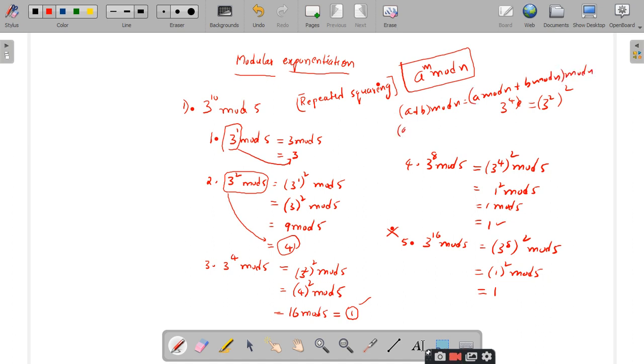Like that, we have a into b mod n also. We have three properties, on addition, subtraction and multiplication. So you can split it like this. 3 square whole square is nothing but 3 power 2 into 2. It is not 3 into 2, 2 into 2, it is 3 square whole square. Is it clear?